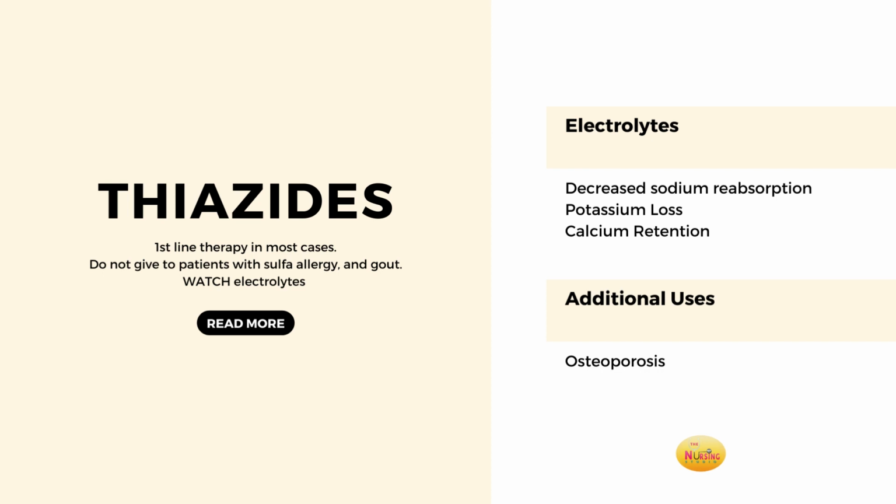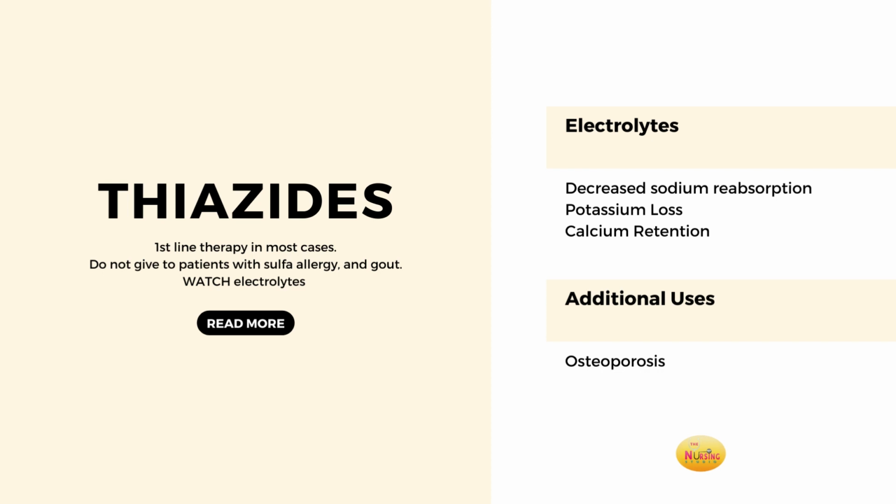But just a quick insert: osteoporosis is the more severe state where they have a weakened bone density, and so they're at risk for fractures, right? Well, with the retention of the calcium, it is said that thiazides help them have a higher bone density, so it helps with lessening the fractures, which is why thiazides can be utilized for this.